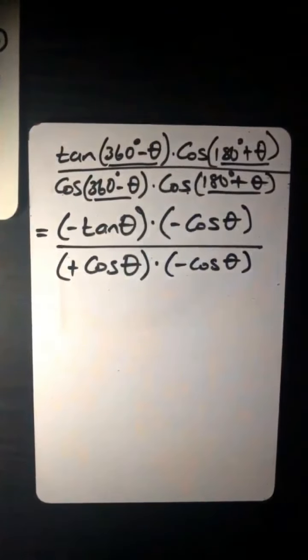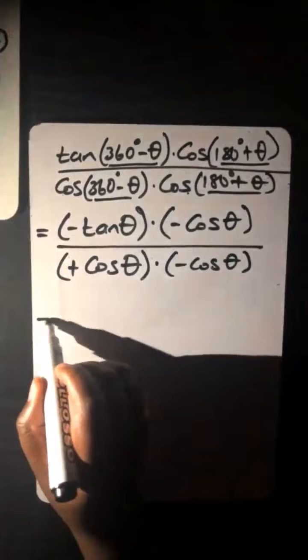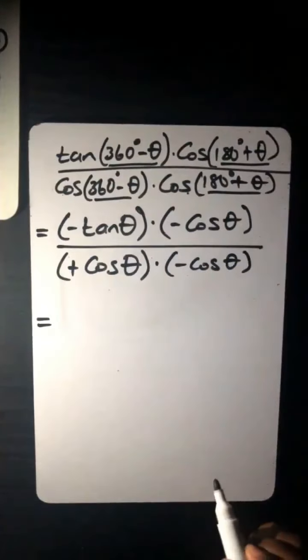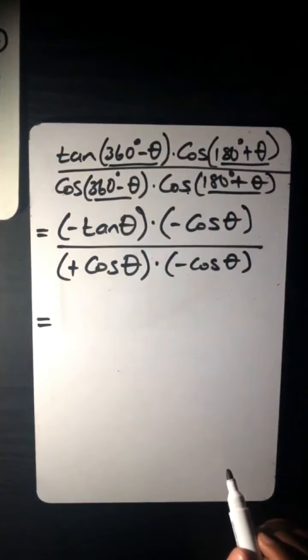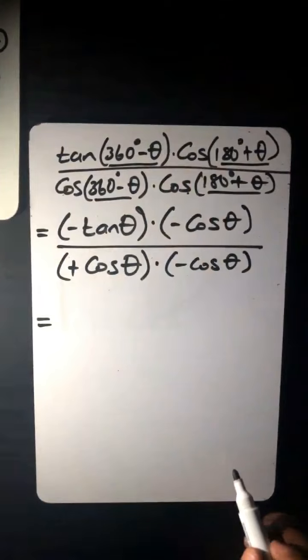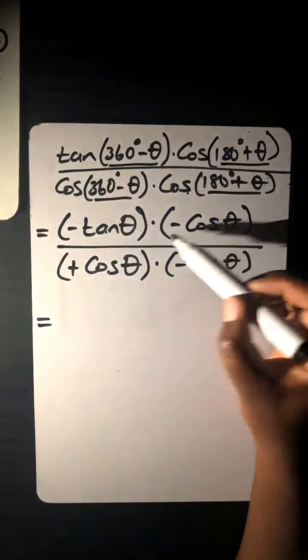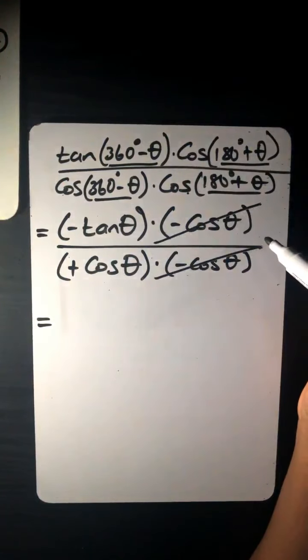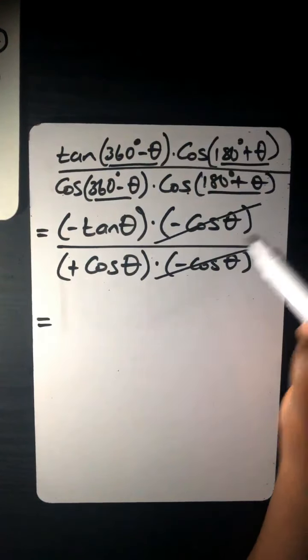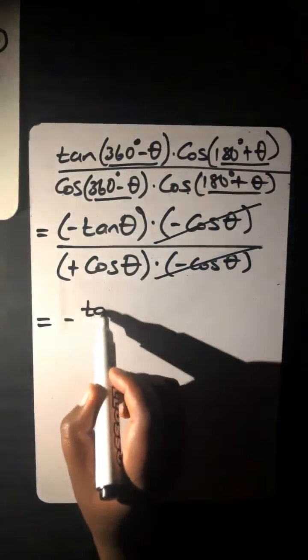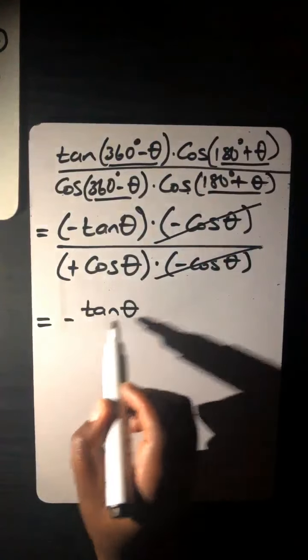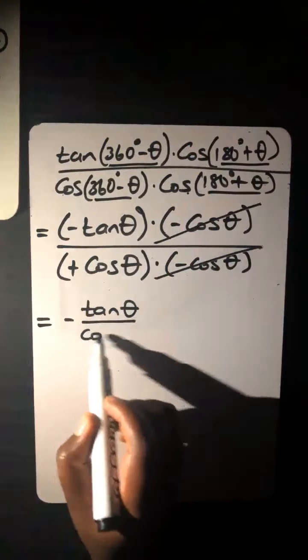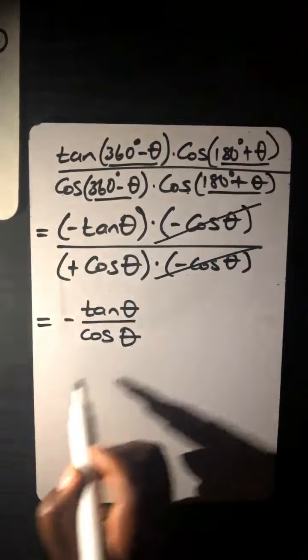I'm very glad that you guys are able to easily notice those mistakes without referring to the CAST diagram. That's huge progress. So obviously, negative cos and negative cos are going to cancel each other out. So that means we have negative tan angle over positive cos angle.